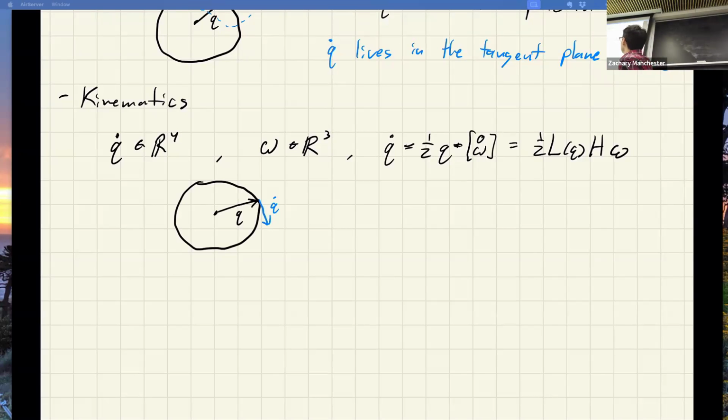What this is actually doing is defining omega. If you want to think about it geometrically, omega is defined in the body frame. It's my gyro that's bolted to my robot. So the geometric picture is that omega is always defined in the body frame.